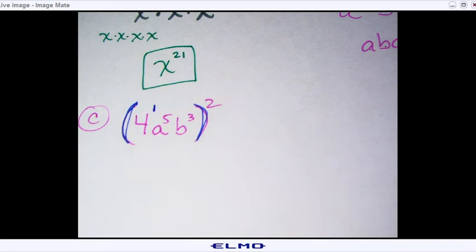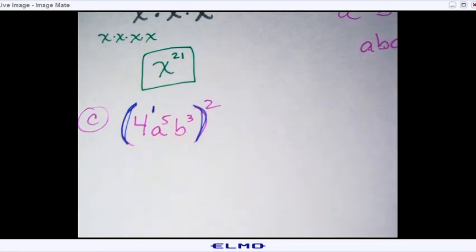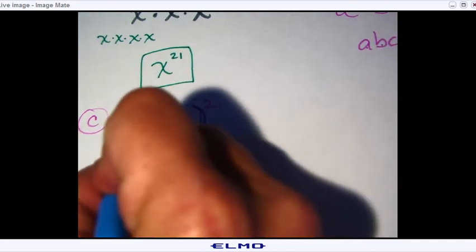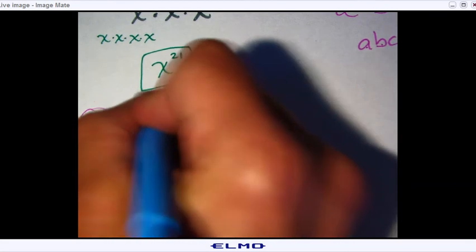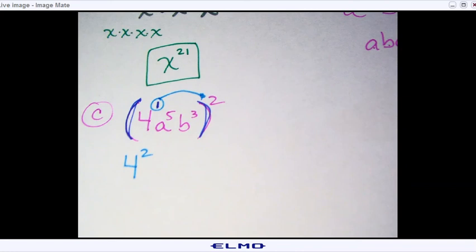Even the 4, because a lot of kids are going to go 4 times 2, 8. No, no, don't do that. Don't do that, bachata. No. So again, it's 4. So 1 times 2 is 2. All right, leave it like that.